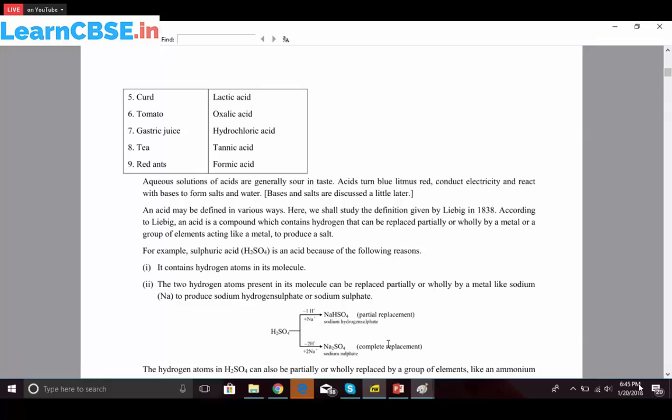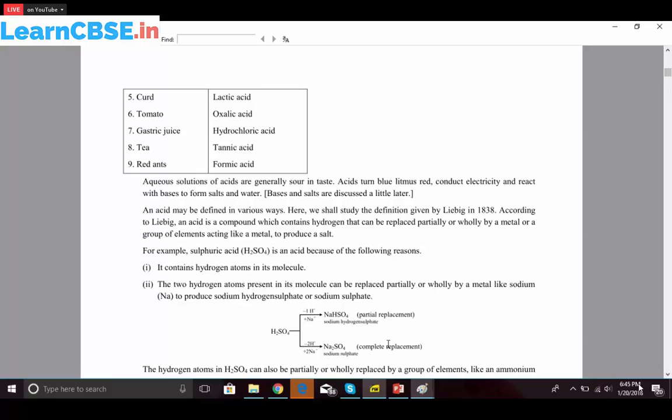All contain hydrogen, so H plus in it, and that we call an acid. Whether it depends upon the strength of the acid, whether it can give H plus completely or partially. Some acids give complete H plus ions, and some acids give only partially. It will also vary depending upon the reactions.